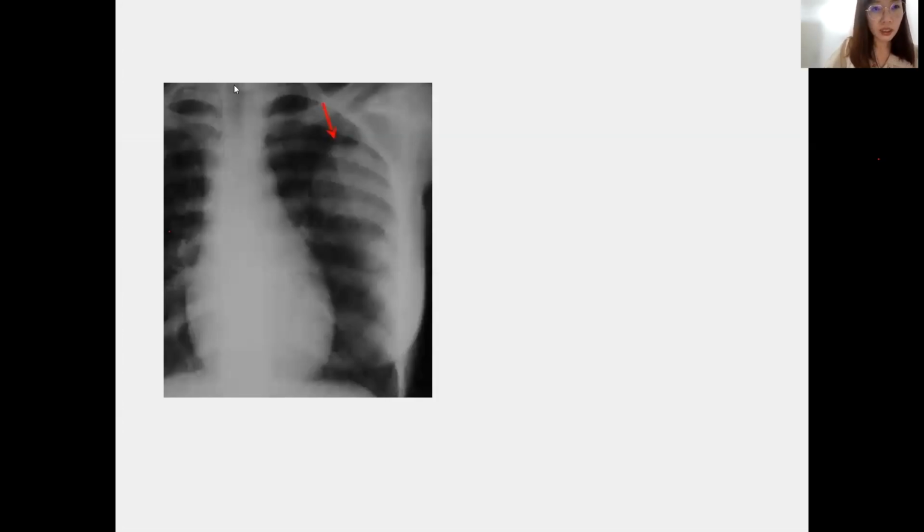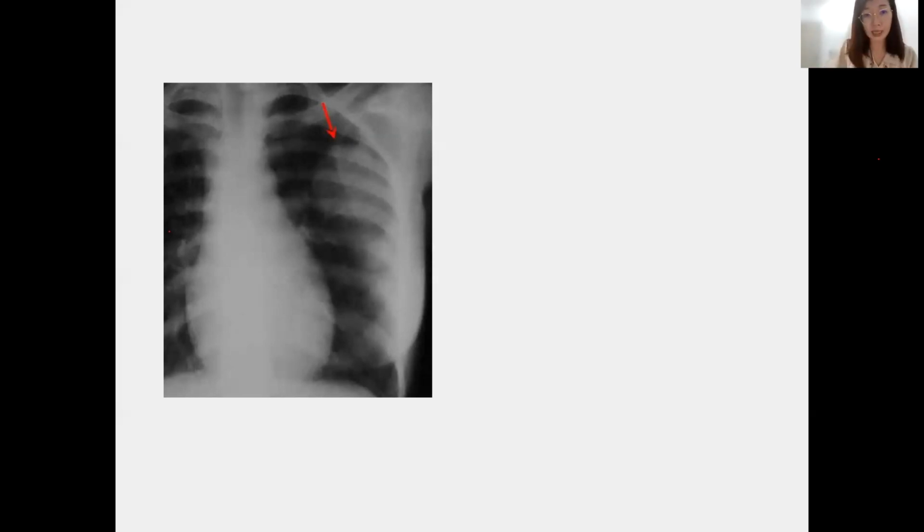Okay, so in this X-ray, you will see an opacity at the left upper lobe, or left upper zone. When you report the X-ray, we just say opacity at left upper zone. Next, we need to do CT to find out where it's arising from.